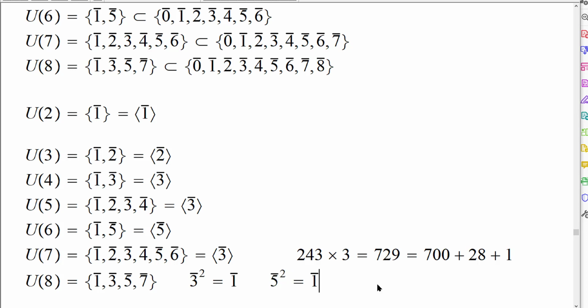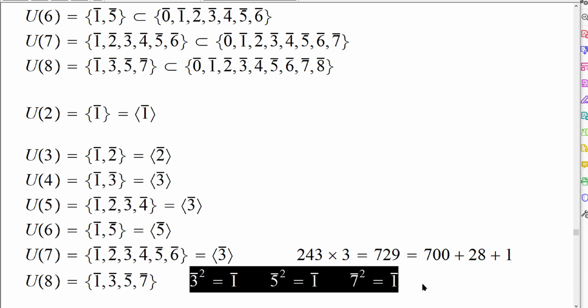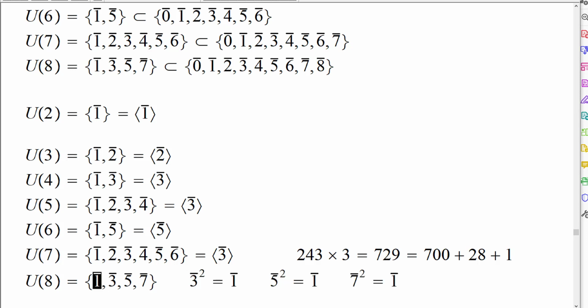And then 7 times 7 would be 49, and 49 modulo 8 is 1 again. So each of them has order 2, all right? And so of course, none of these can generate the whole thing, because each is not going to produce anything other than itself. So for this one, we are not getting any generator.